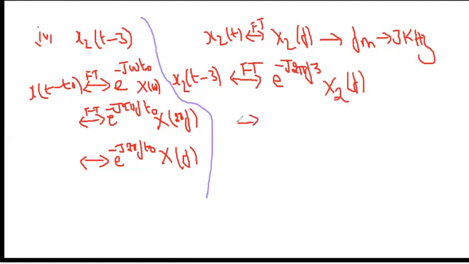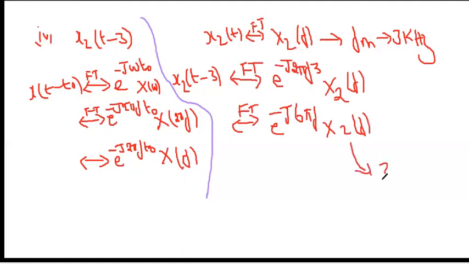Okay, now the Fourier transformation is e power minus j 6 pi f times x2 of f. Okay, my dear students. Now you can find out the sampling frequency for the x2 of f. For x2 of f, the maximum frequency fm is 3 kilohertz.